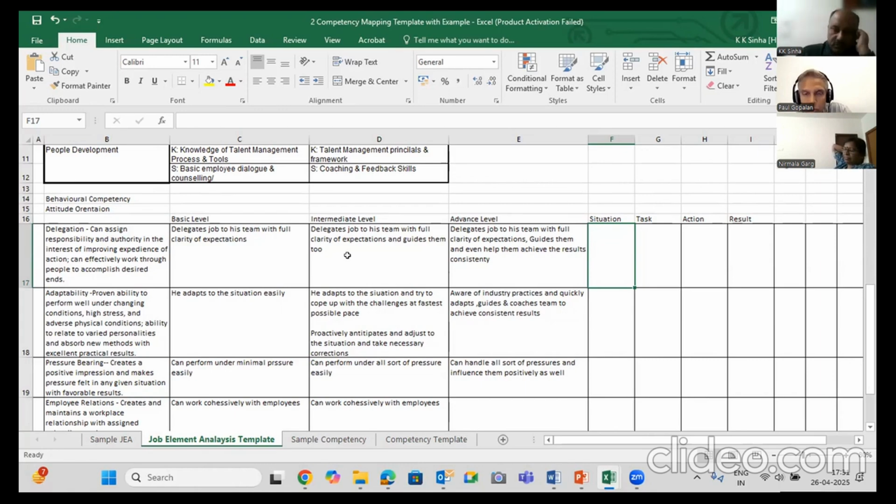When someone has to delegate a job to his team, you don't have to look at situations from a basic level or intermediate level perspective. You look at a situation in the context of your job, any situation which is a critical incident, and just narrate that situation in 3 or 4 lines.